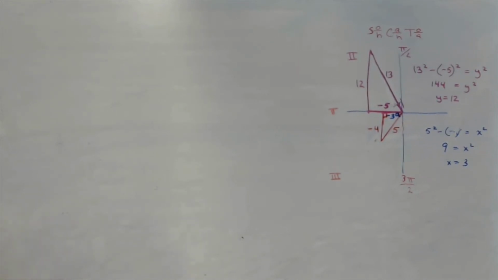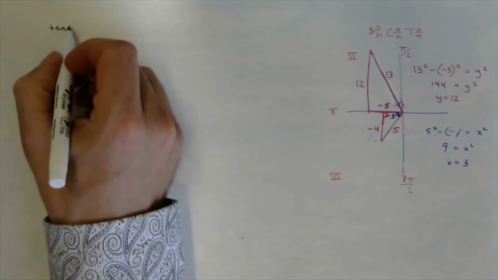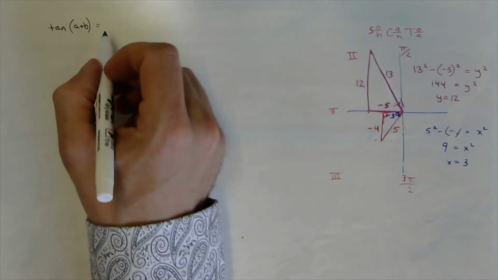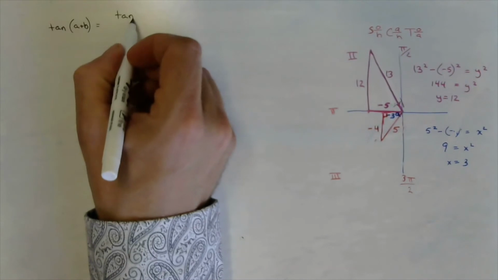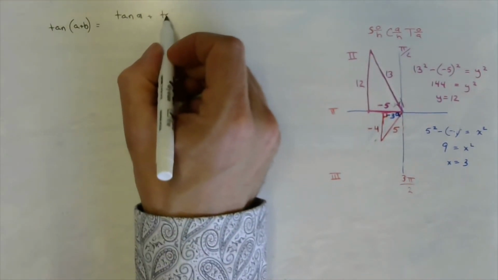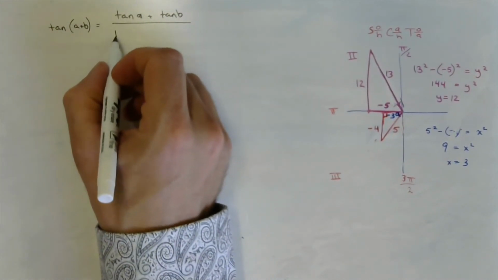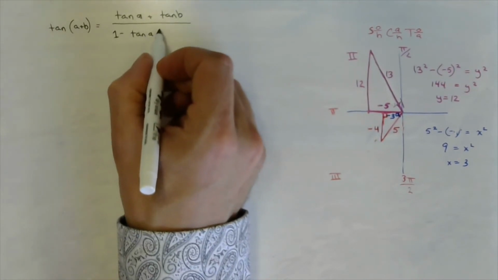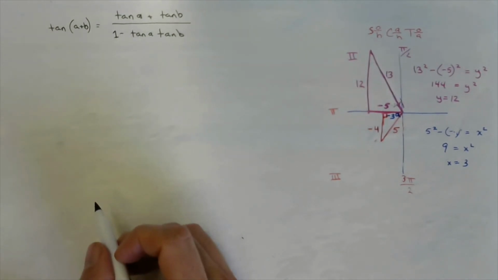So we're going to take our tan of A plus B, which equals, from your yellow sheet and from your notes, the tan of A plus the tan of B in the numerator over 1 minus the tan of A, tan of B, the product of those two things.